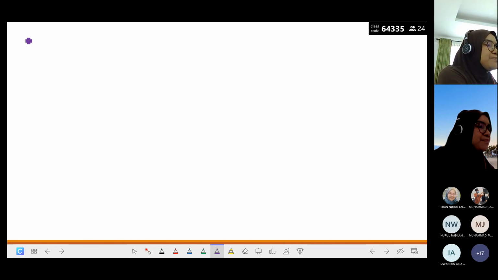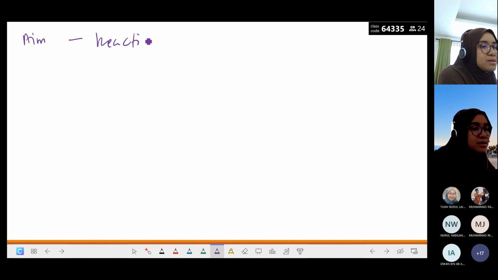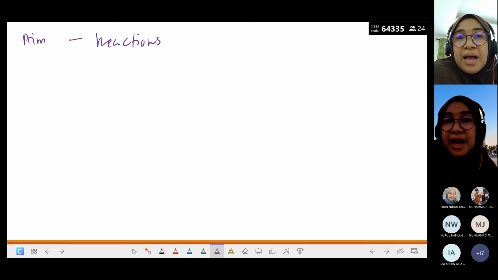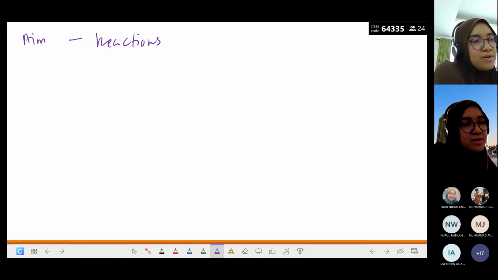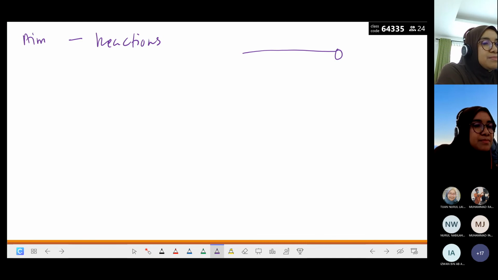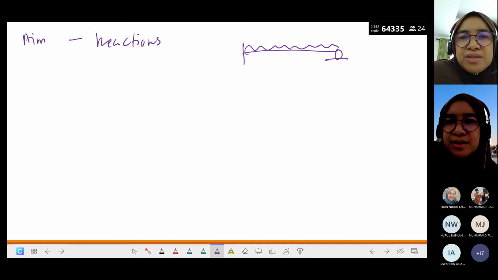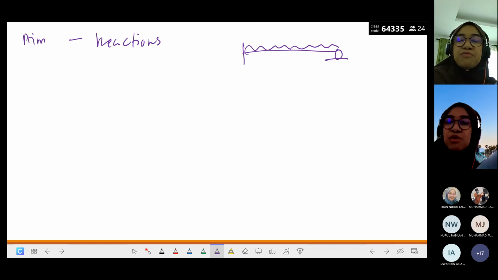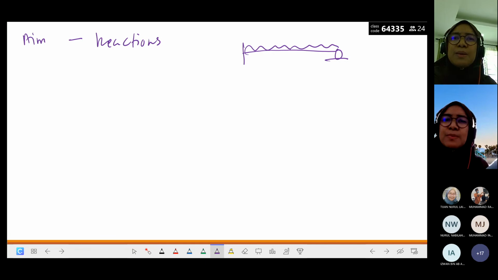Our aim is to calculate reaction. And how many reactions do we have for this beam? 4. These 4 unknown reactions, can we solve them using equilibrium equation?